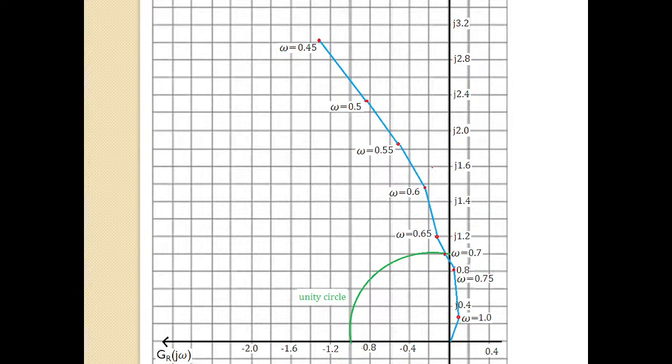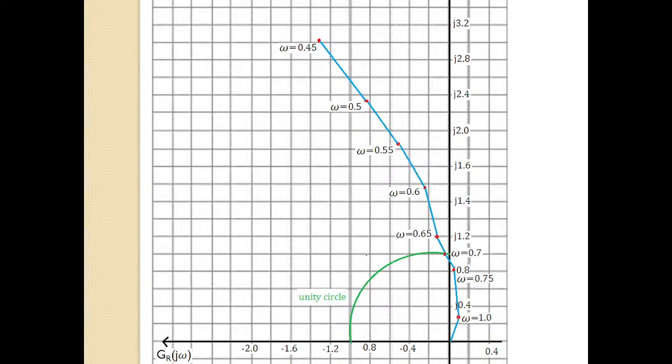If you observe here, this polar plot is not intersecting the real axis. It is passing through the imaginary axis, but it's not intersecting the real axis. Therefore, we will assume that it will intersect at some infinite point. So GB is equal to infinity.